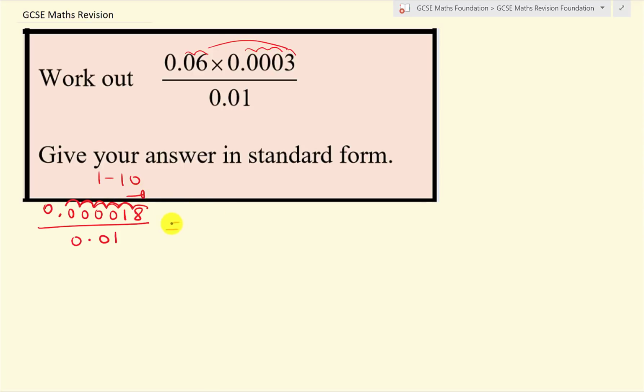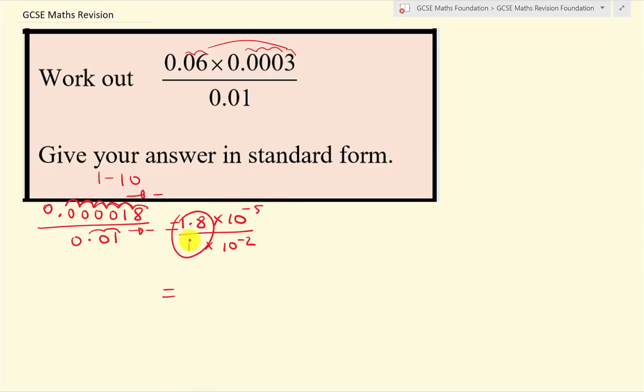So the number becomes 1.8 times by 10 to the power of minus 5, because we're going to the right. And then divide that by 0.01, we need to move it 2 places to the right. That becomes 1 times by 10 to the power of minus 2.